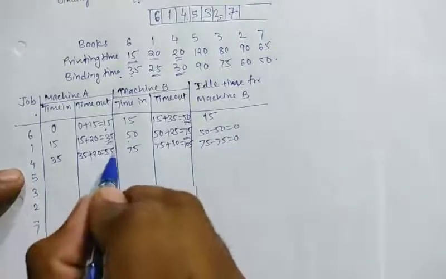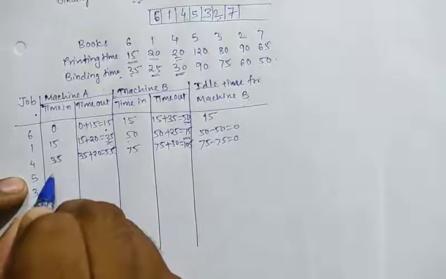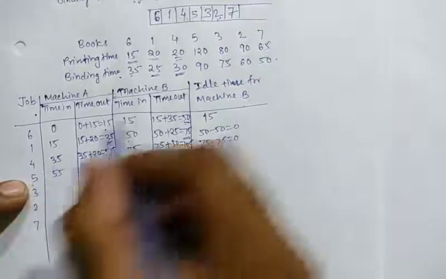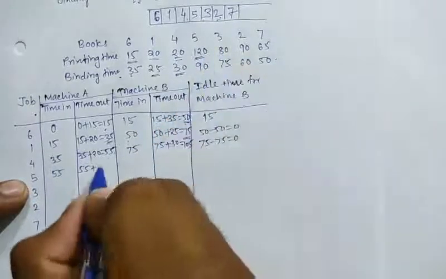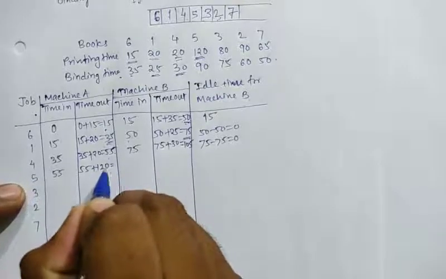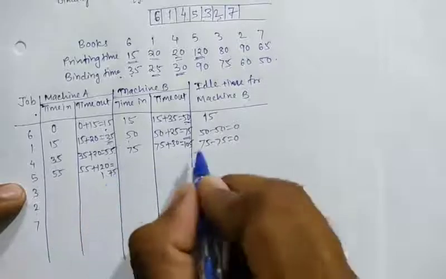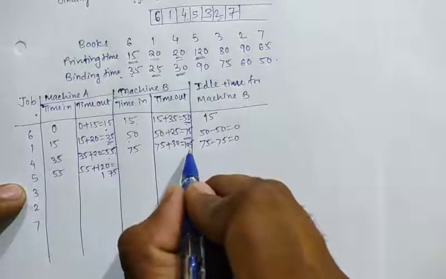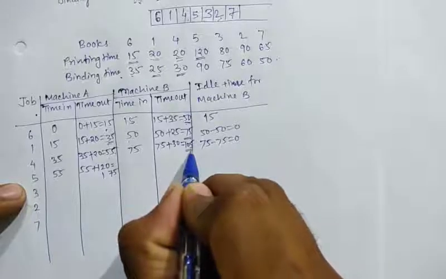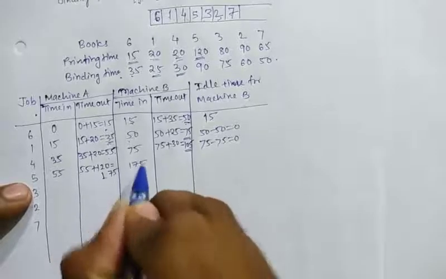Now next, again time out of fourth job is time in of fifth job, which is 55. 55 plus, for fifth job it requires 120 hours. So 55 plus 120, which is equal to 175, and for second job it requires 105 hours. So maximum among these is 175, so 175 hours.